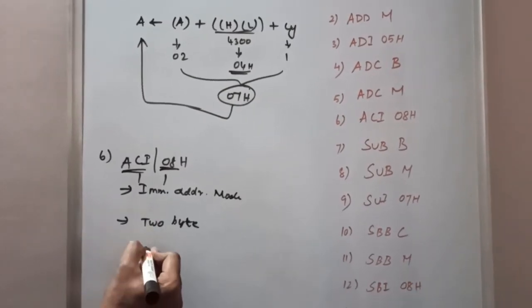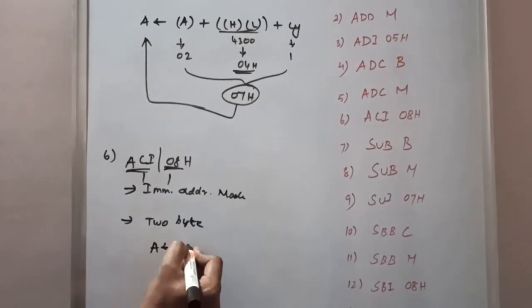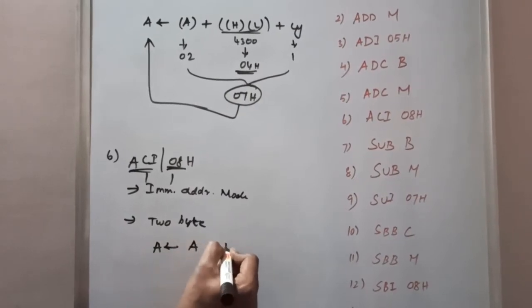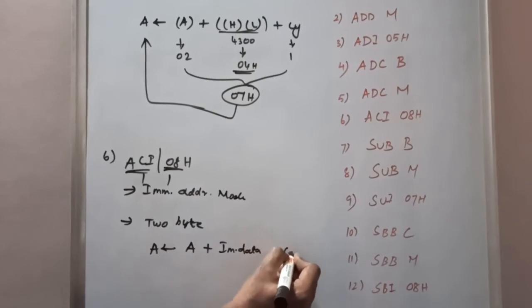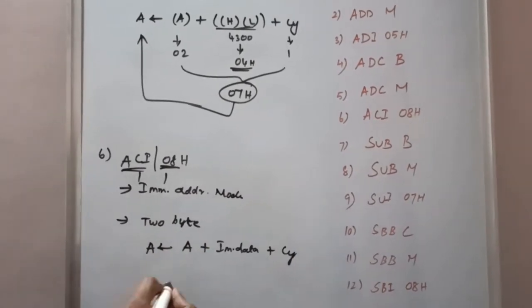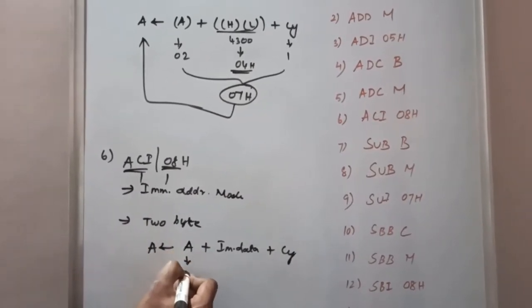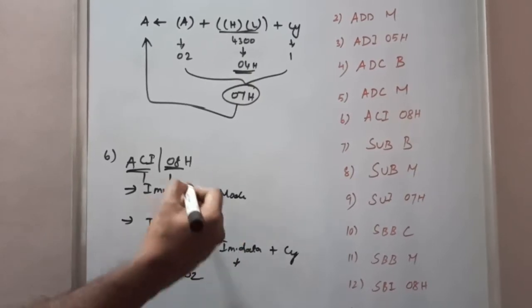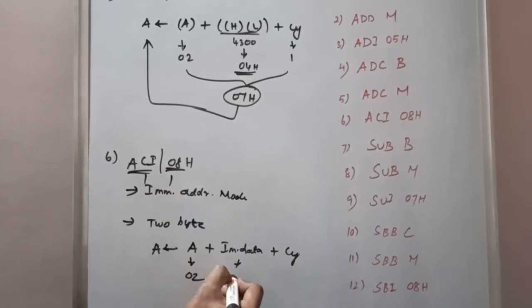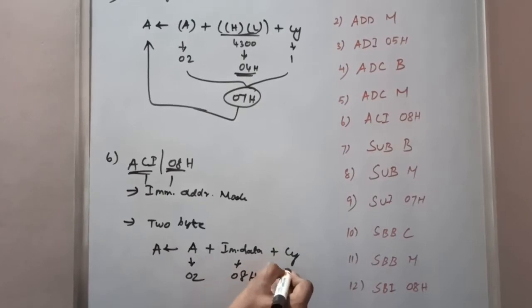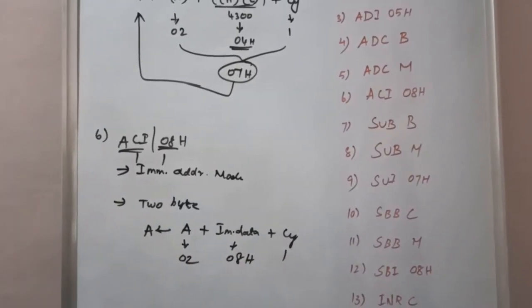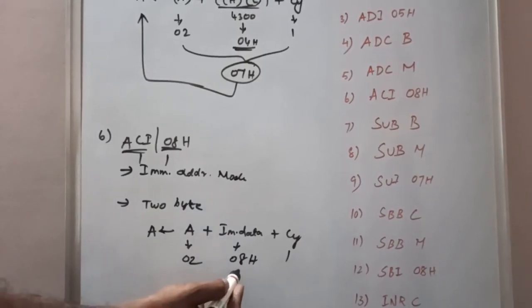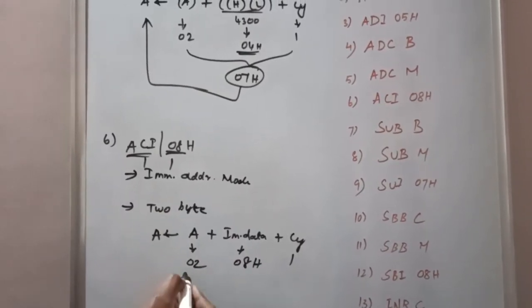The function of this instruction is A gets A plus immediate data plus carry. Let us consider the value of the A register is 02, the immediate data passed in the instruction itself is 08H, and the carry value is 1. Adding the content, 02 plus 8 plus 1, totally 11.